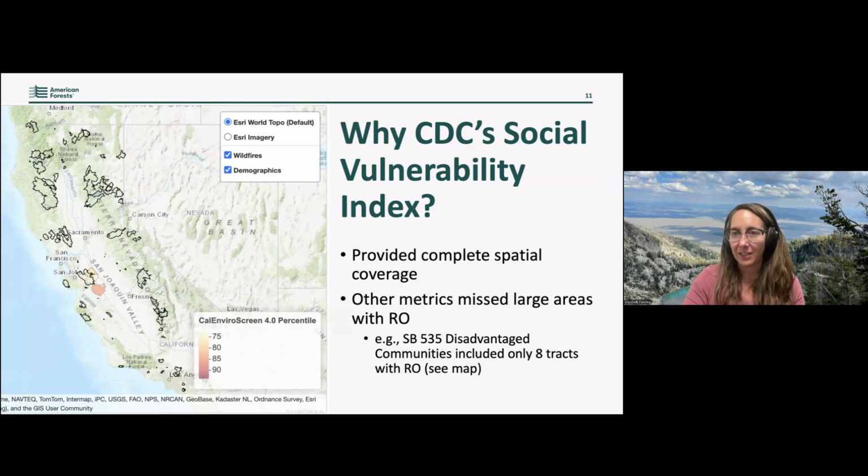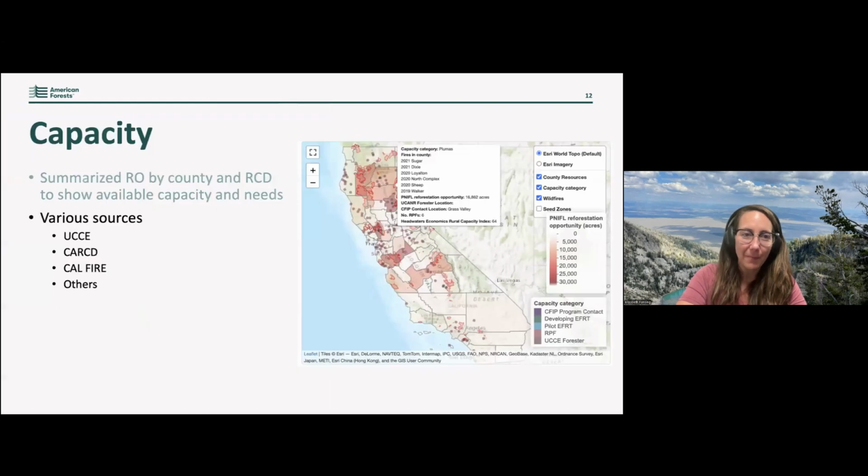So this is of limited utility, because we're not seeing that overlap with disadvantaged communities, as those tend to be centered more around urban areas and focused on pollution. So the CDC's approach gives us a really great way to dive into that with complete spatial coverage and a little bit more detail. And we'll talk about that when we start going through the application.